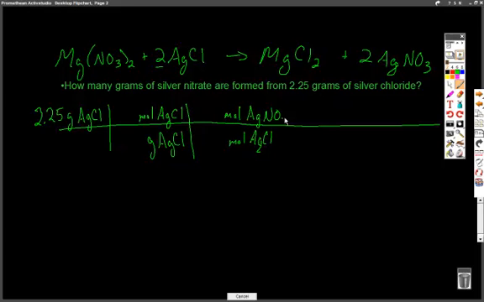Once we're in moles of silver nitrate, our real answer we want is in grams of silver nitrate. So we write the label we want to get rid of down below here: moles of, oops, forgot to put the silver in there.